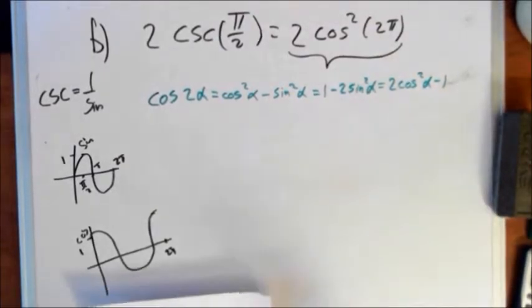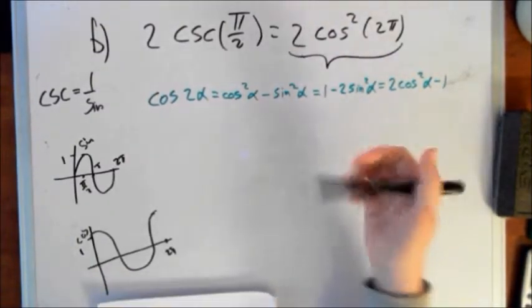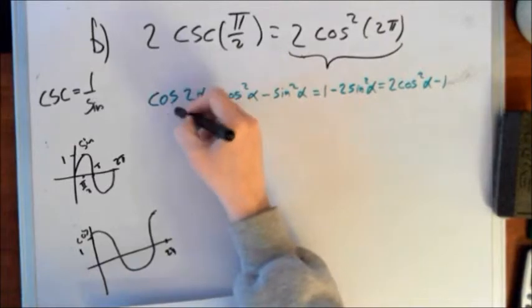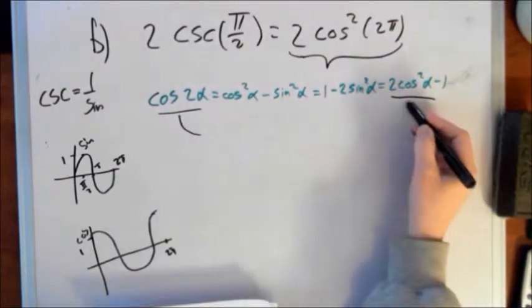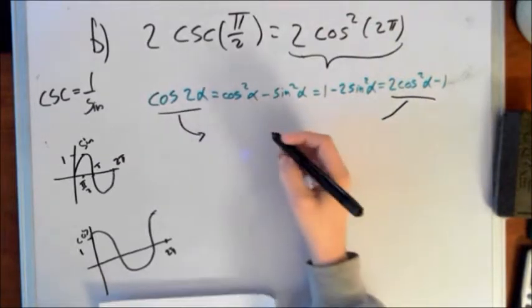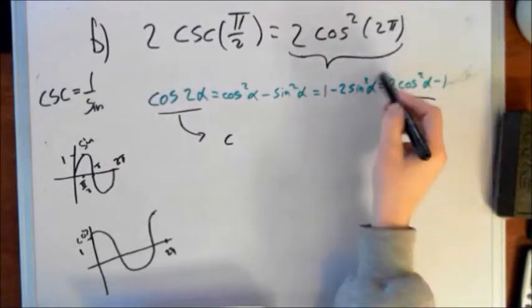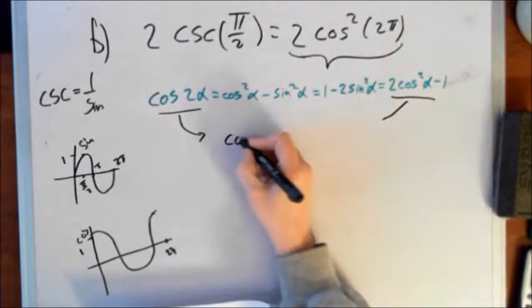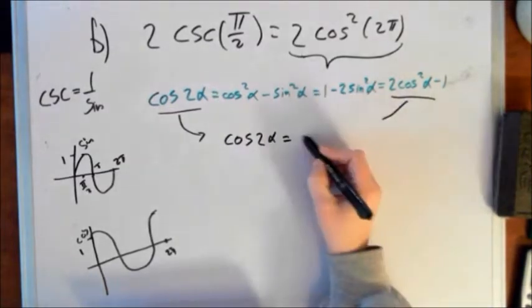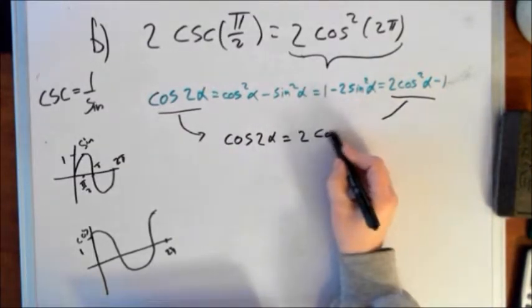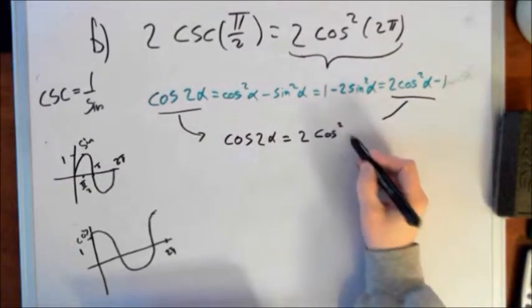Kind of messy. But anyway, to evaluate this using this identity, let's look at this component and this component because it kind of looks similar to what we're trying to do, right? So again, just rewriting this is equal to this. I don't need all this other trash in the middle. So we got cosine 2 alpha is equal to 2 cosine squared alpha minus 1.